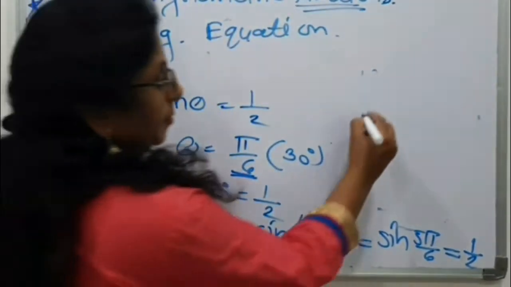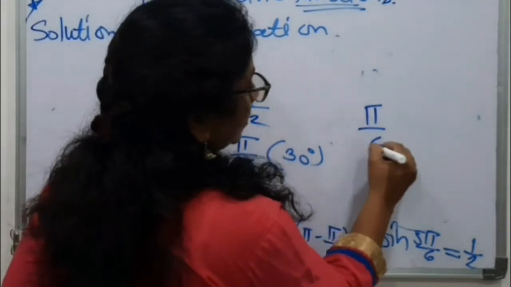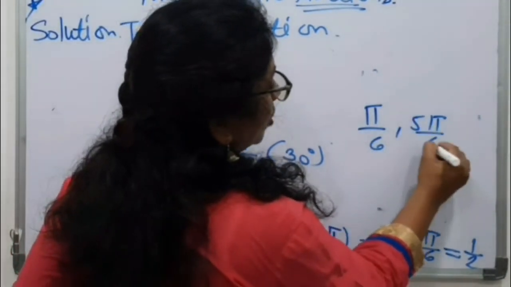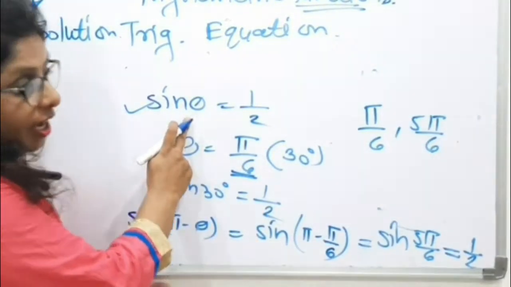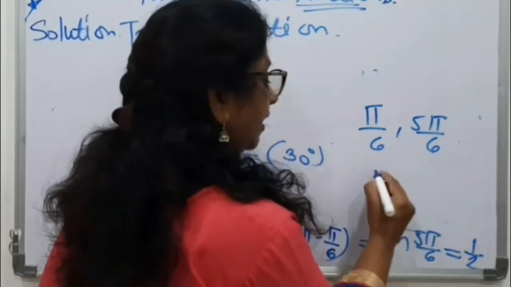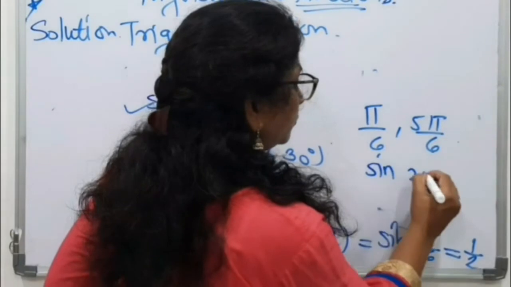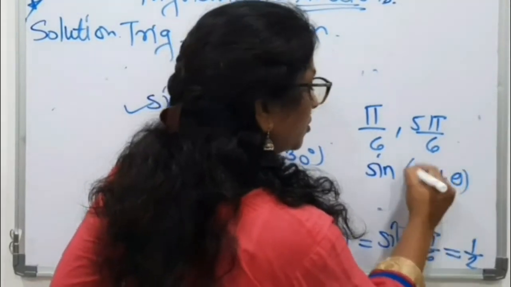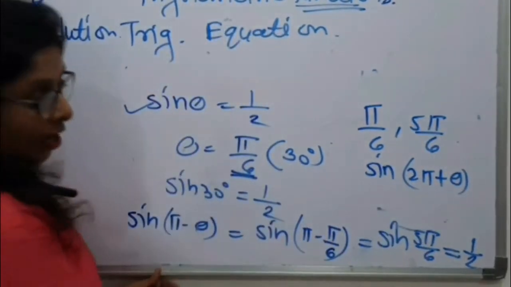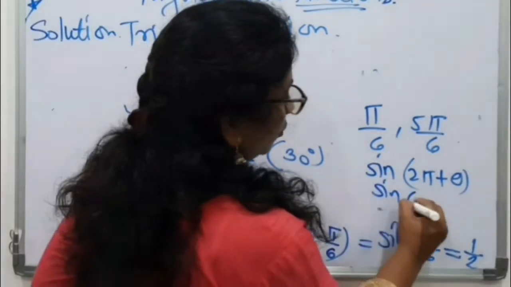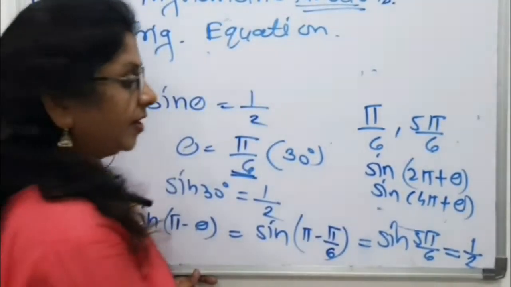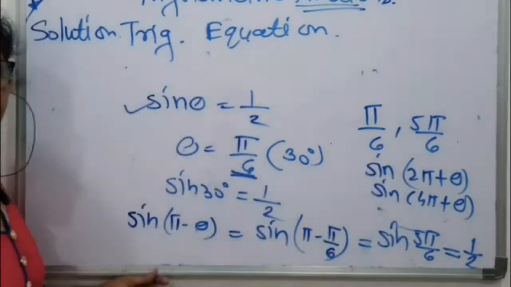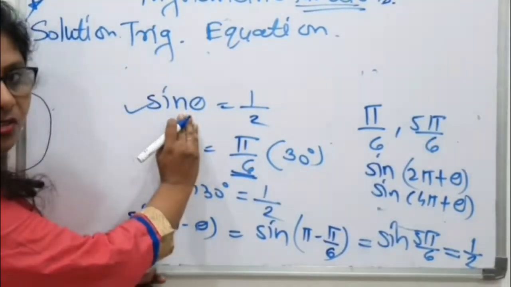It means pi by 6 and 5 pi by 6 both are solutions of this equation. If you try to find, then again sin of (2 pi plus theta) also equals half. If you see sin of (4 pi plus theta), then also it is half. It means there are a number of solutions for sin theta equals half.